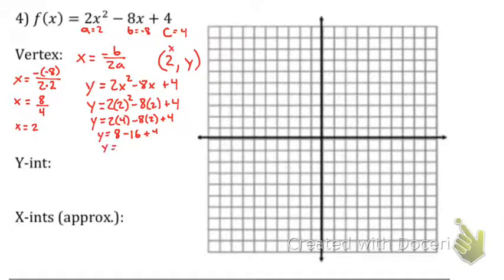Then let's do adding and subtracting. 8 minus 16 is -8. -8 plus 4 is -4. So now we found our y value. Our y value is -4. Let's erase that, and we now have our vertex of (2, -4).